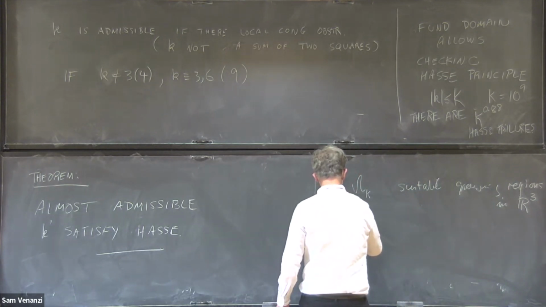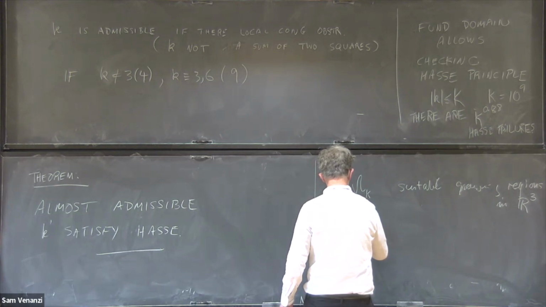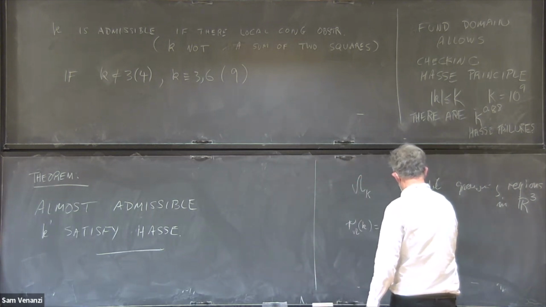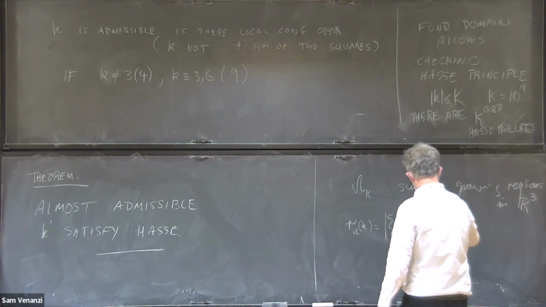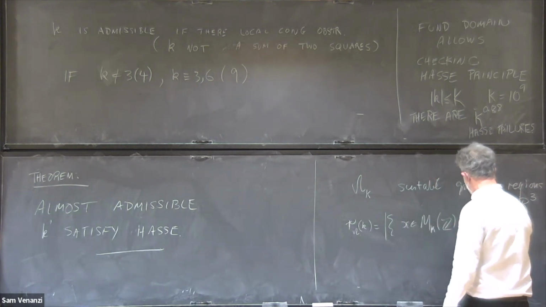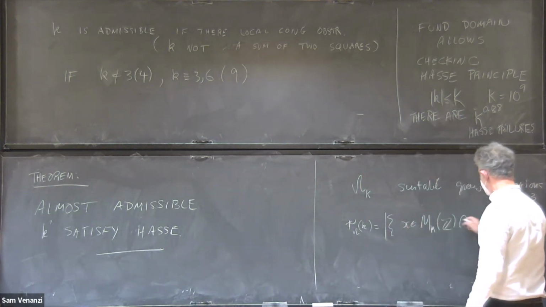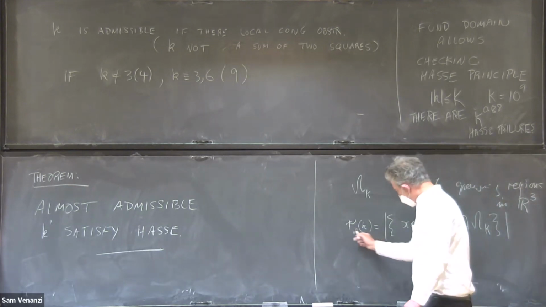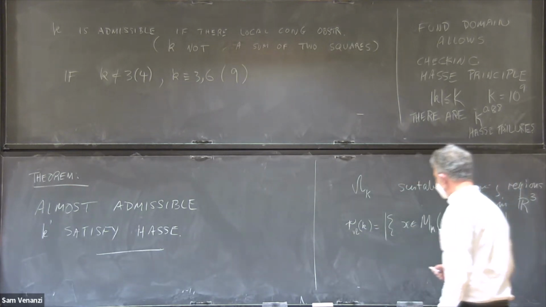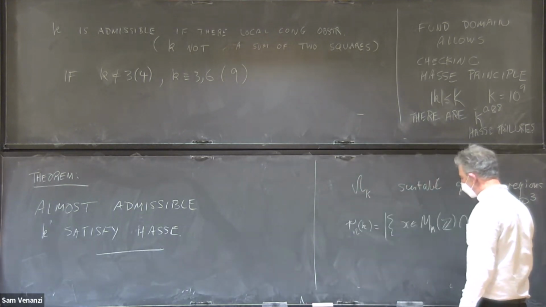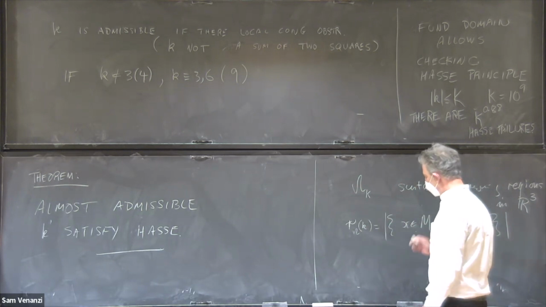And you look at R omega of k, which is the number of x in the level set intersect omega k. The average of R omega k you can compute, and you want to show that R of k is not 0 when k is admissible. It tries to be not 0.